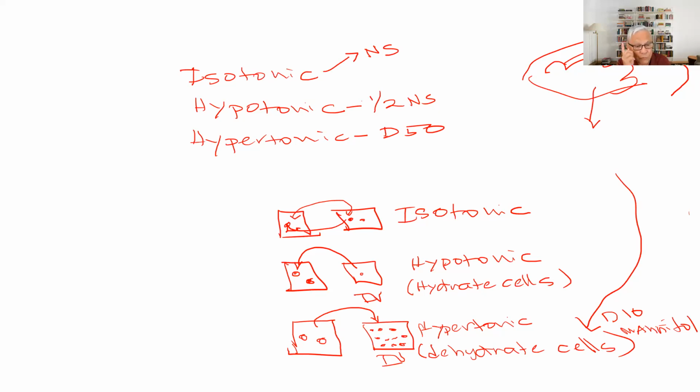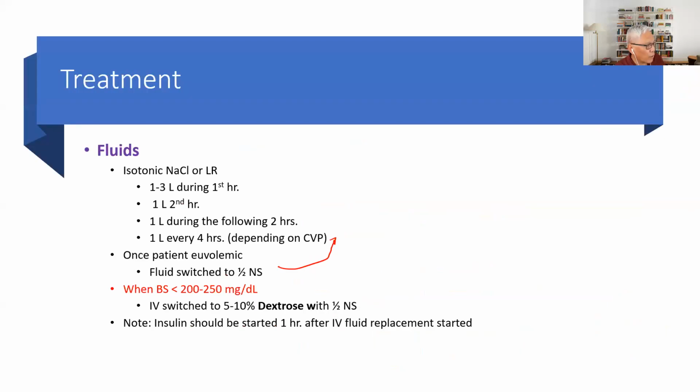Okay, so if you understood that, you now will understand why in the world we want to switch to 1/2 normal saline. What is the purpose of that 1/2 normal saline? To feed fluid into the cell, to hydrate the cell. Okay? All right.